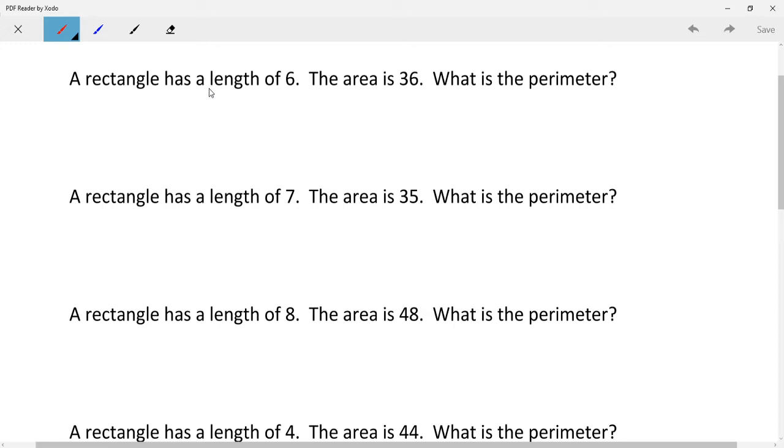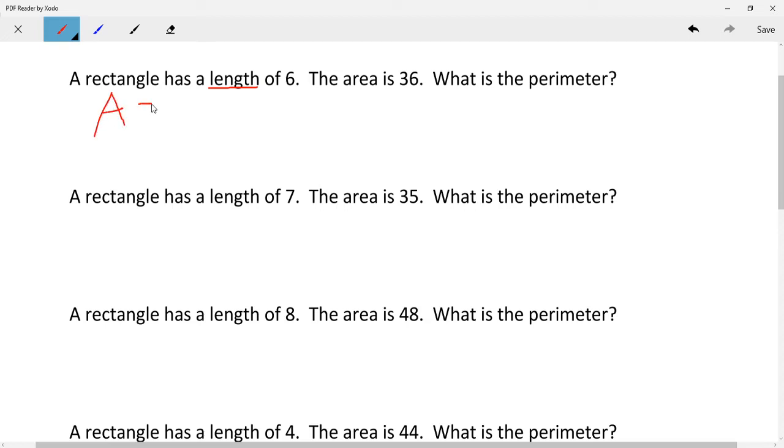So first of all, I just want to mention that it doesn't matter if they give you the length or the width and then the area, because it's going to be the same exact thing each time.